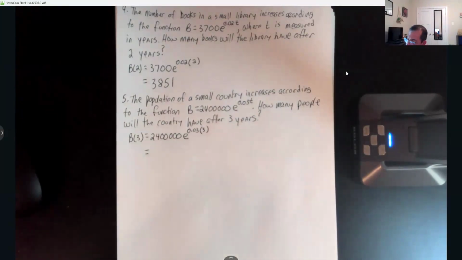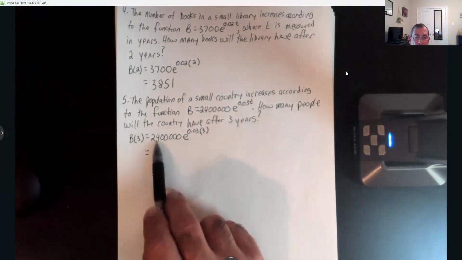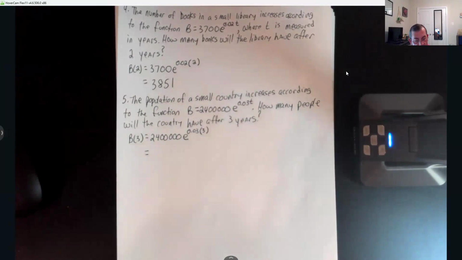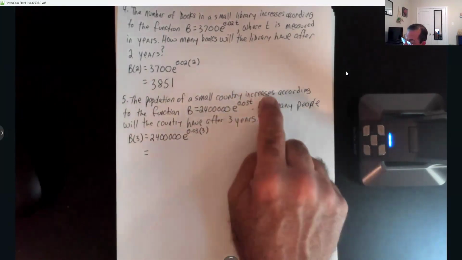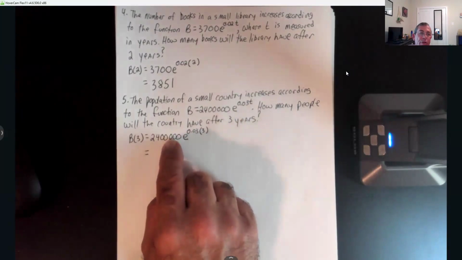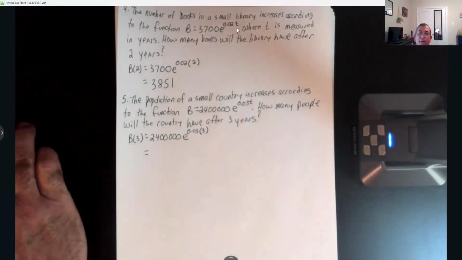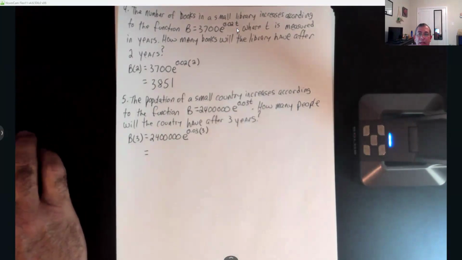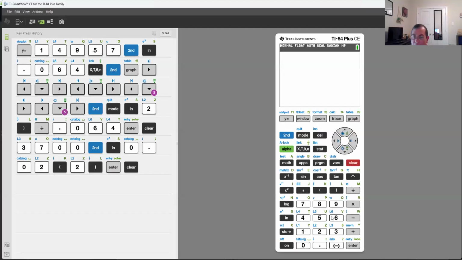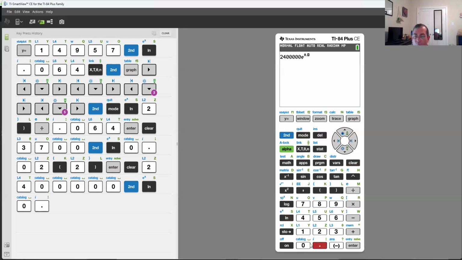All righty, we're rounding it off to the nearest whole number on the population. So once again, no decimal places. And it's increasing, so it's got to be more than 2,400,000. So let's go share that on the calculator. 2,400,000, second ln, 0.03 times my years, which was 3.